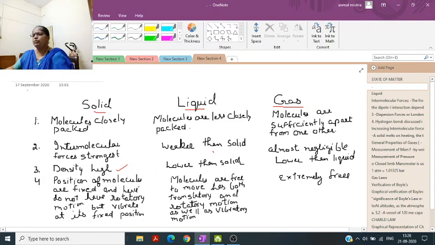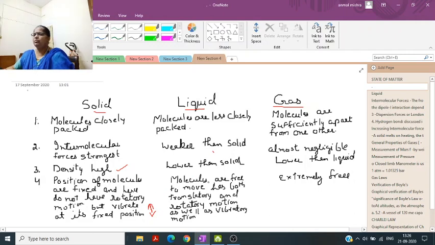Now, the position of molecules in solid are fixed, so they do not have any rotatory or translatory motion, but they vibrate at their fixed position, then they are called as solid.